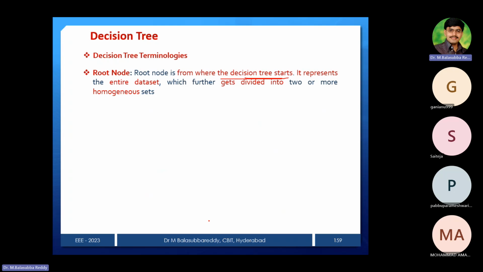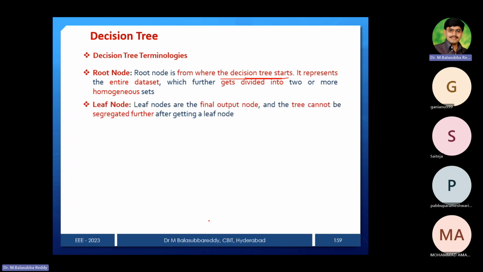It represents the entire data set because we are starting as a parent. Again, it will be further divided into two or more homogeneous sets. So it depends on our requirement. In the case of a decision tree, what we can get is more homogeneous sets.